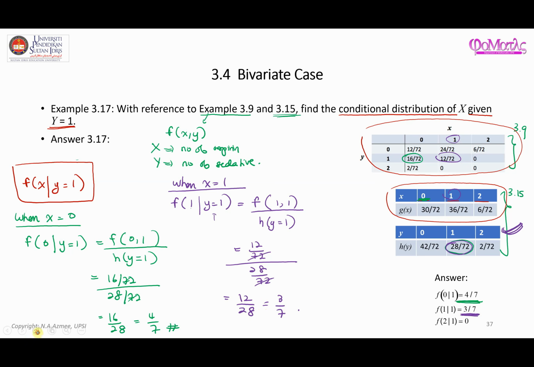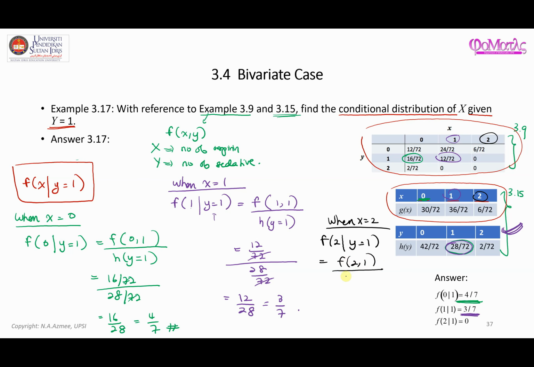And finally, let's look at the last one. The last one is when x is equal to 2. Here we have f2 given y is equal to 1. Again, at the top part will be the combination of x and y together, so we have to consider the joint probability distribution between x and y: x is equal to 2, y is equal to 1.